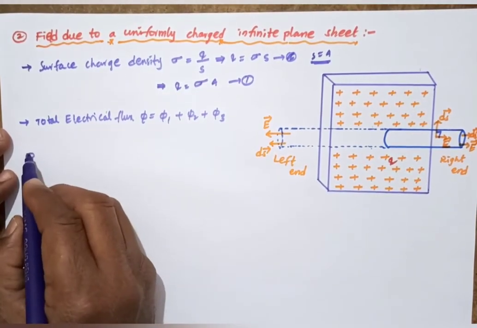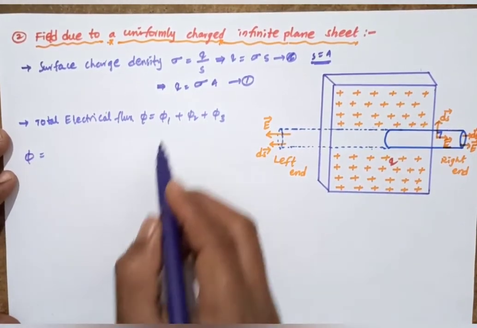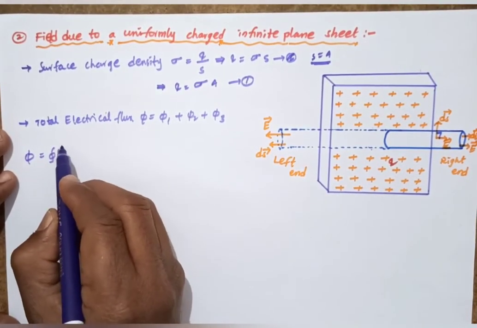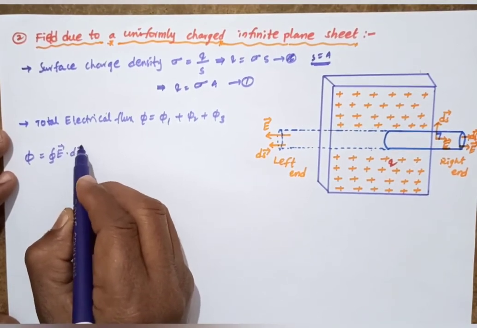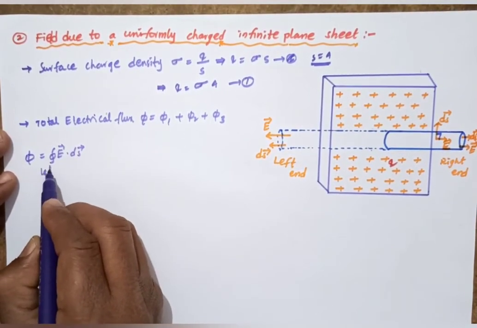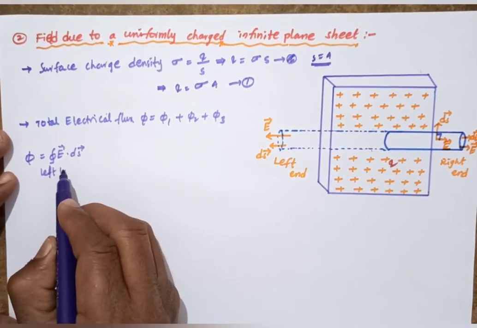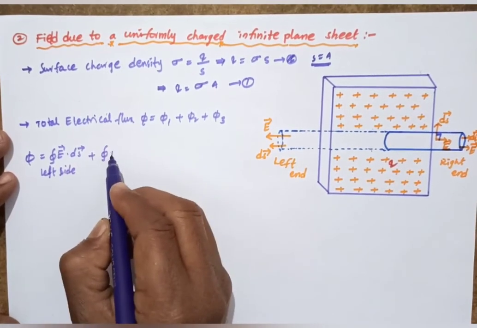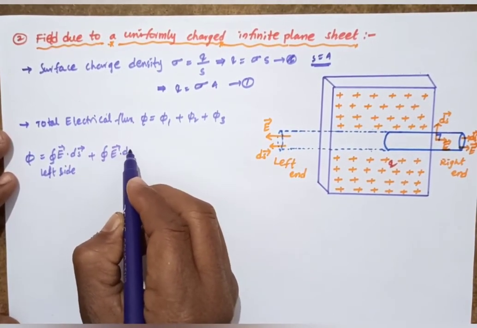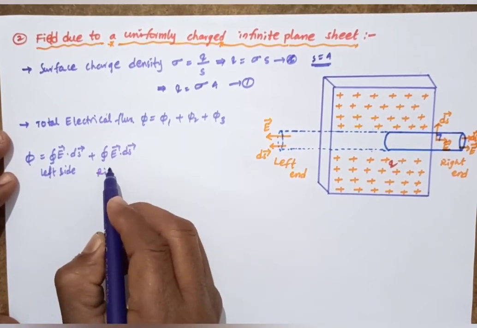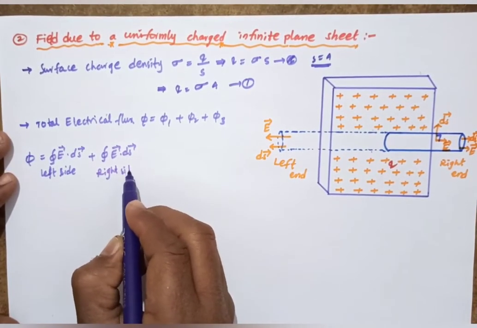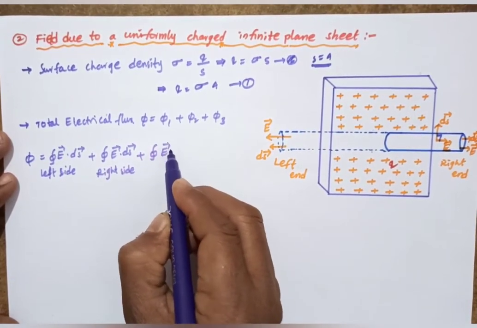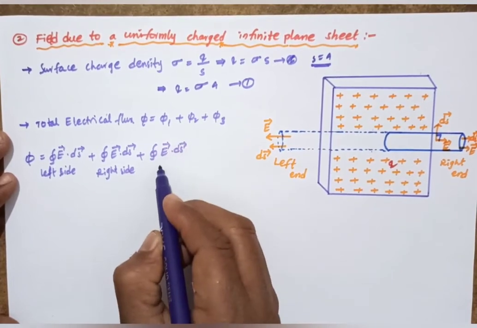So phi equals the closed integral of E bar dot ds bar for the left side, plus the closed integral of E bar dot ds bar for the right side, plus the closed integral of E bar dot ds bar for the curved surface.